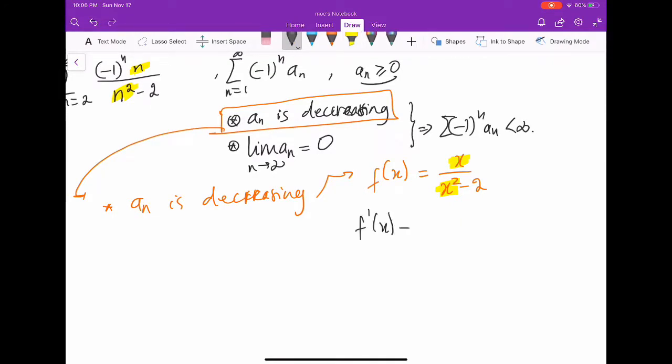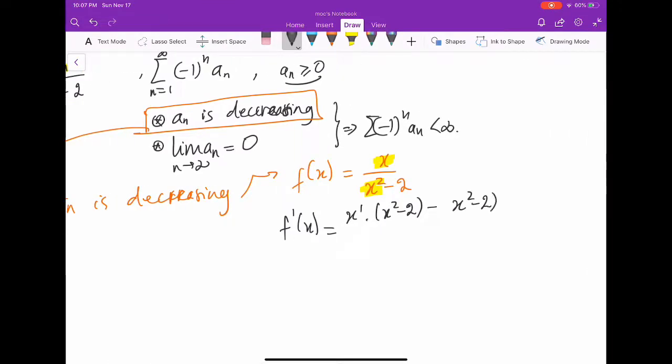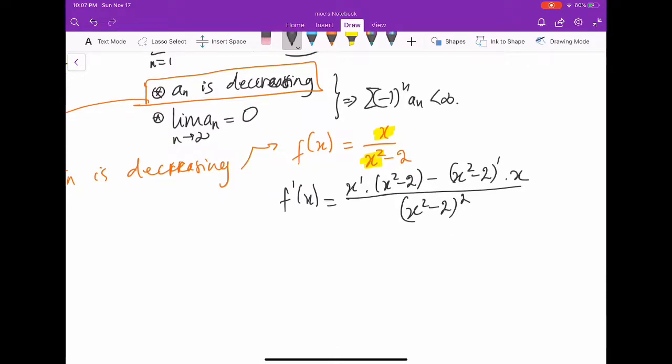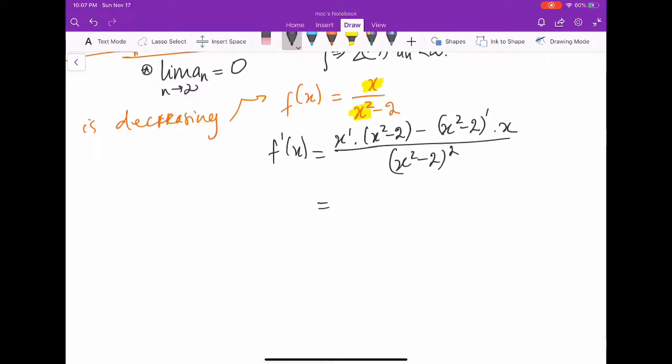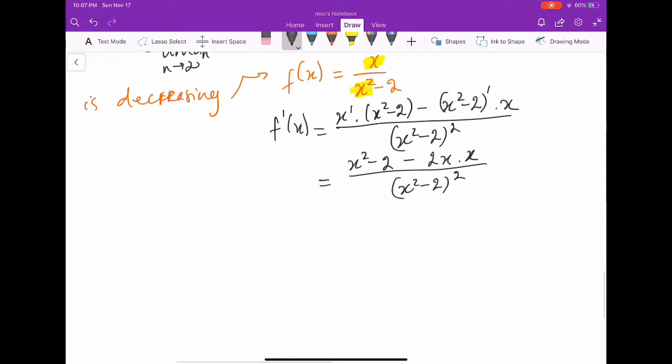We use the quotient rule: x derivative times x squared minus 2, minus x squared minus 2 derivative times x, over x squared minus 2 squared. That is the quotient rule. The x derivative is 1, so I have x squared minus 2 in here, and this derivative is 2x times x, put over x squared minus 2 squared, and then we can simplify this.